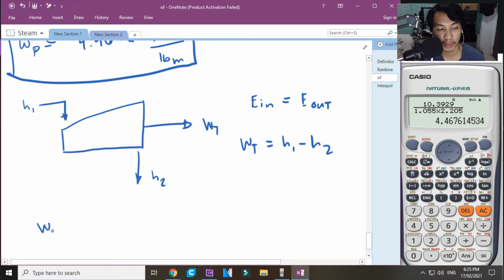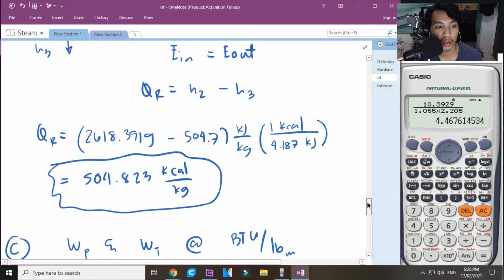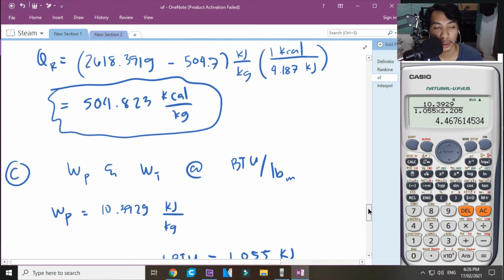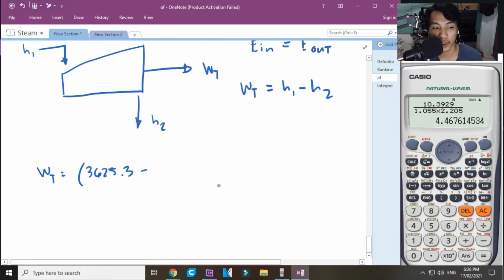So, the work of the turbine: what is H1? 3625.3, minus H2. What did we get? We already solved that: H2 is 2618.3919 kilojoule per kilogram.